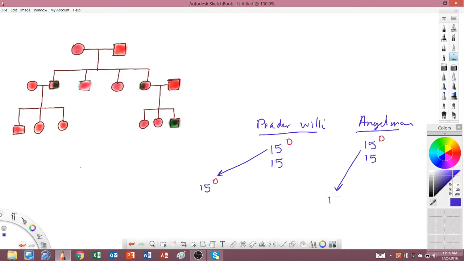From mom. Okay? Now additionally, let's say you inherit the normal gene from here. And then you inherit the normal gene from here. The children are again carriers.